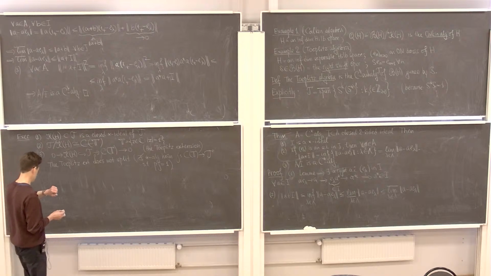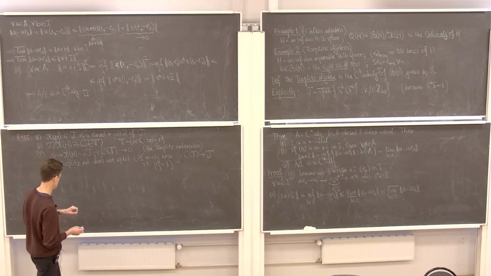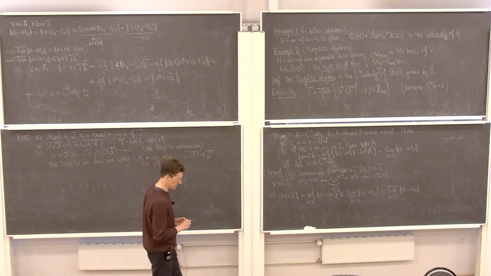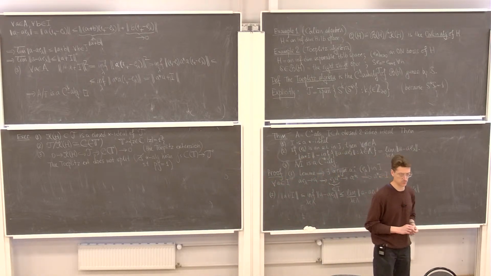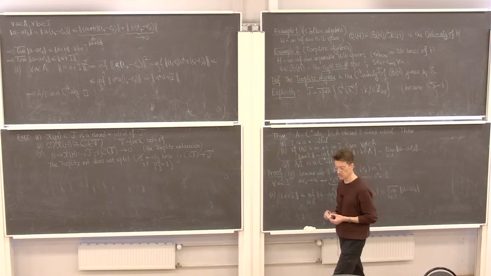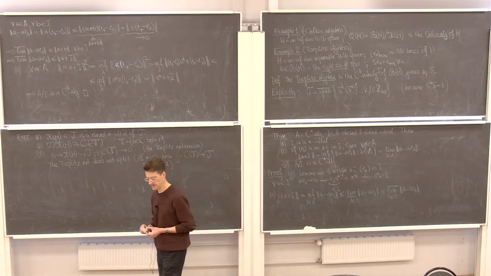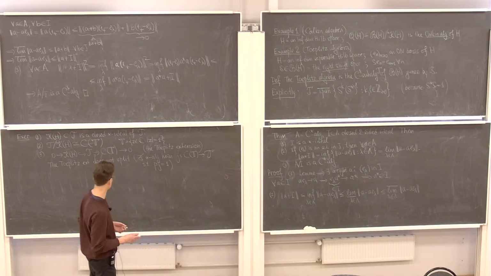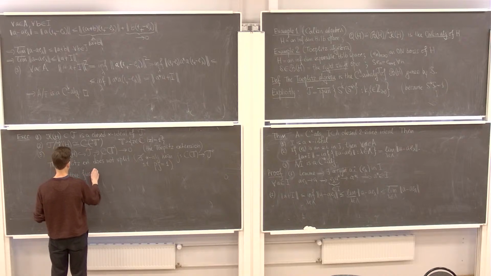Okay, so we still have some time. Now let's come back to positivity in C-star algebras. We already know what positive elements are, and let's now discuss positive functionals on C-star algebras.